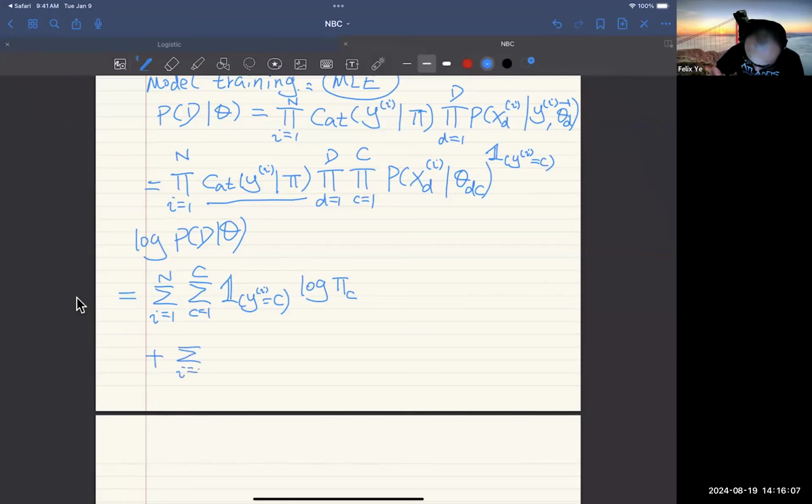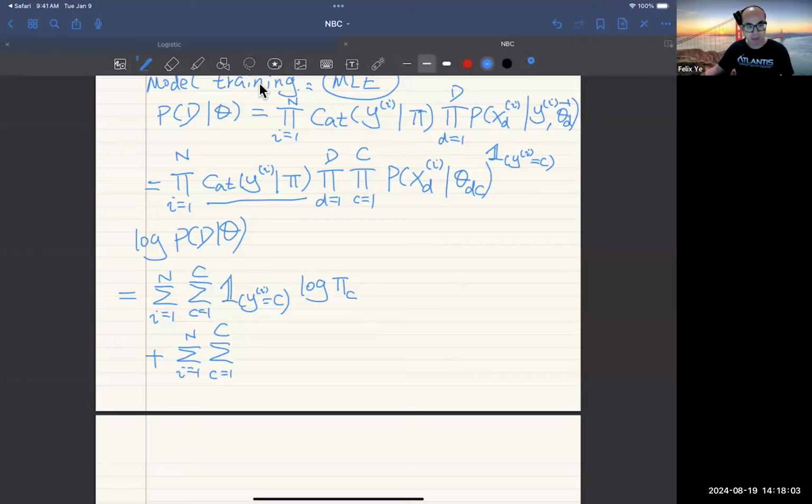Then plus summation i from 1 to n, summation c from 1 to C, sorry, d. Wait, is it wrong? Just a second.